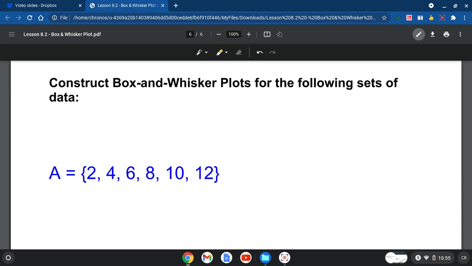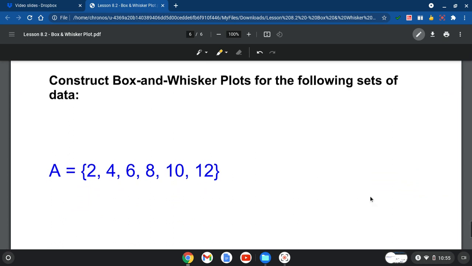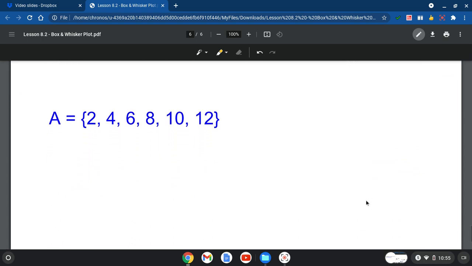Let's try to construct a box and whisker plot for the following set of data. Let's begin by finding all 5 points of our 5-number summary.